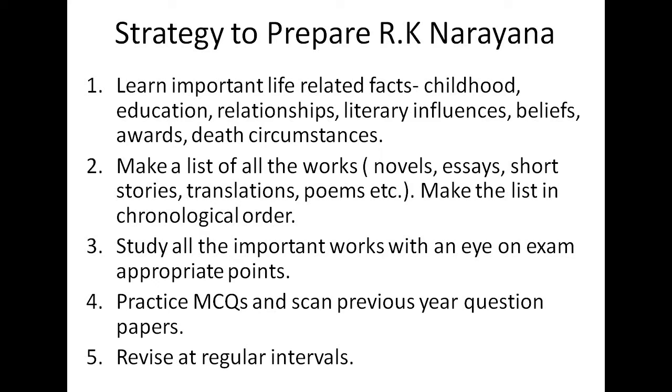The first one is, when you start studying about an author or a poet, the first thing you have to do is make yourself familiar with his life-related facts. What kind of experiences he had as a child, which universities he went to, what kind of childhood he had, right?